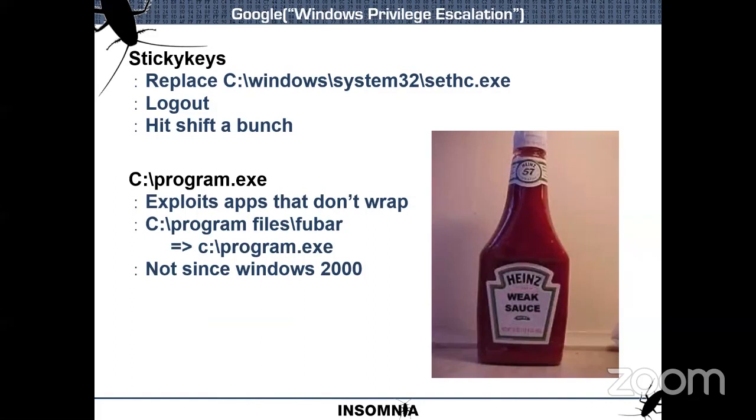An advisory got published this year for an application that didn't wrap the command line in quotes. And it went as far as saying that by default, it's not possible for unprivileged users to write to the root of the C directory and create the program.exe binary. But if the permissions had been messed up, then it would be exploitable. That's a pretty big if.